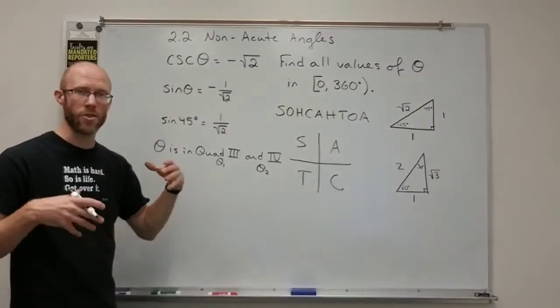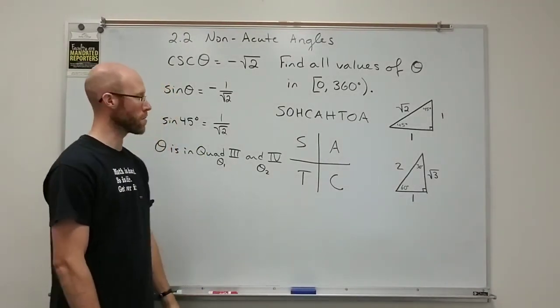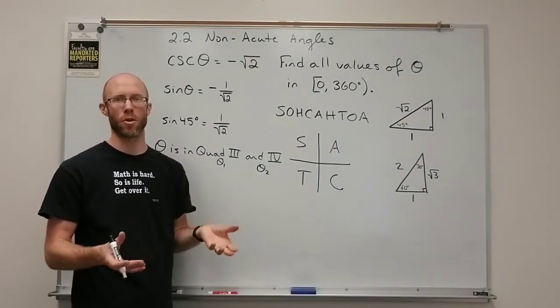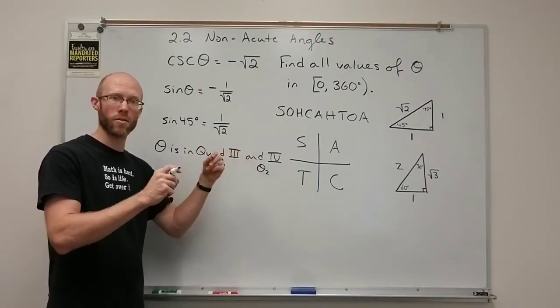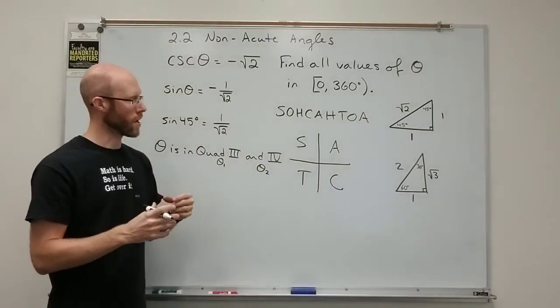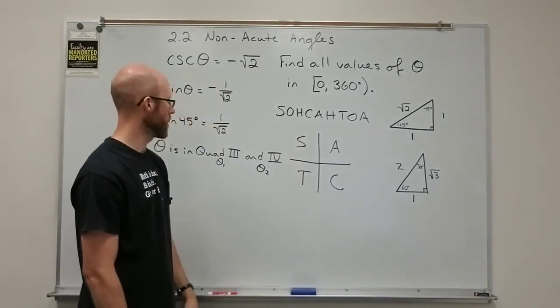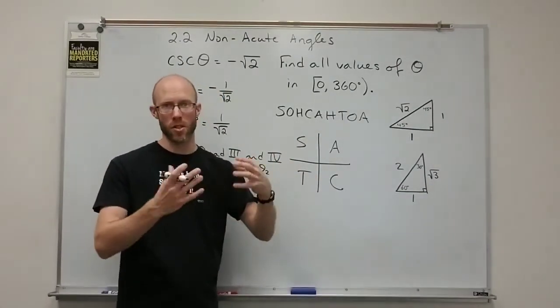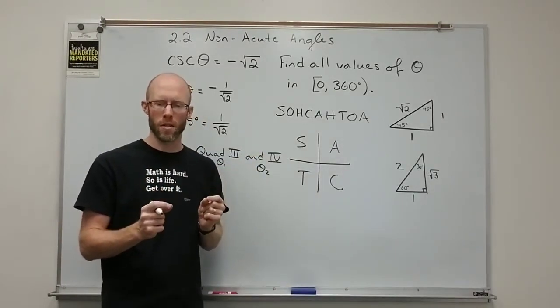Okay, so there's a lot of just thinking and processing going through these problems. There's not like simple calculations, right? These are complicated. You're processing the negative and the positive in the quadrant and which special triangle to work with, and the reciprocals of functions and things like that. So there's just so many different things to pick apart in these problems.